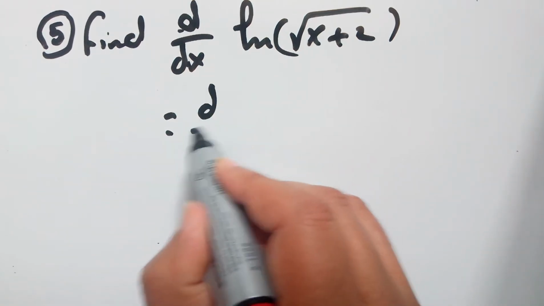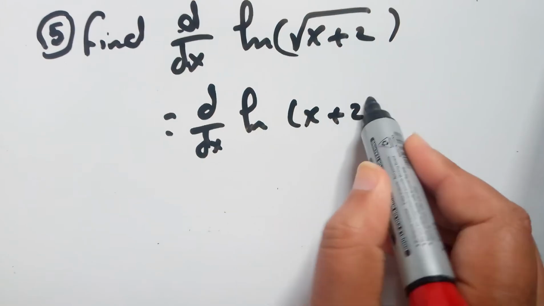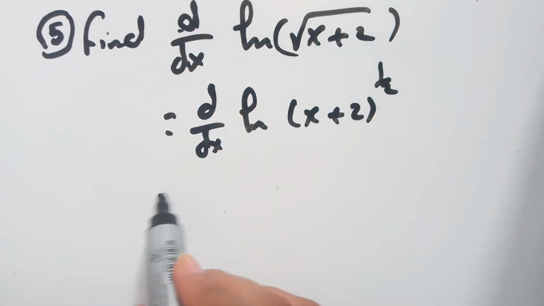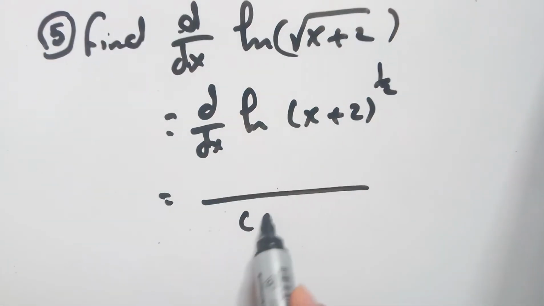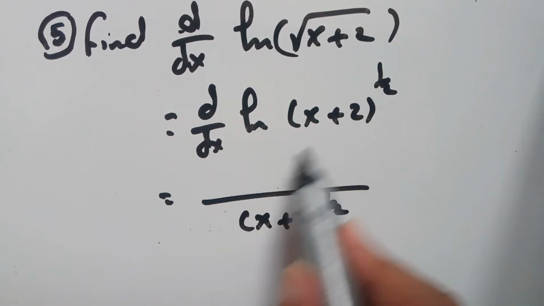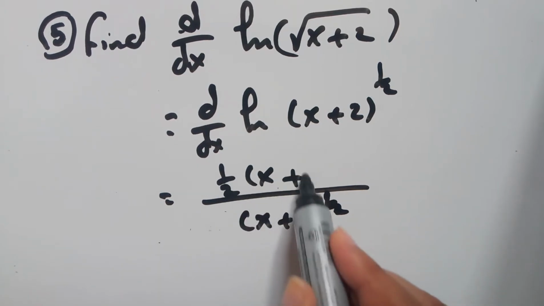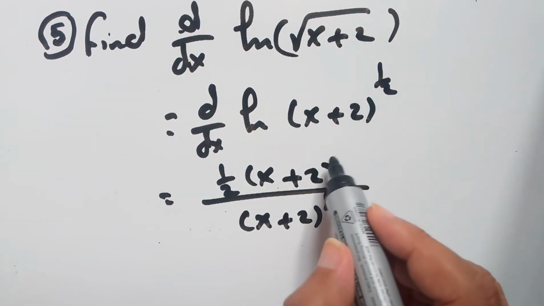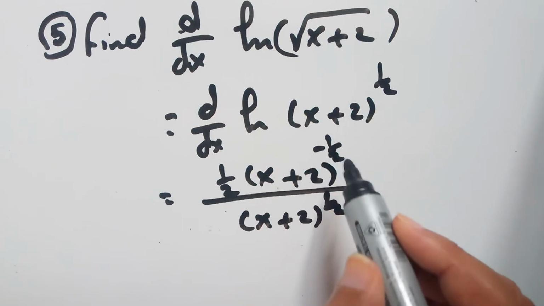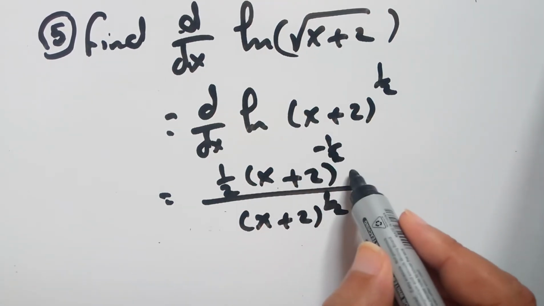Then this is d/dx for ln of x plus 2 all to the power half. If you write it down, x plus 2 all to the power half and its derivative up, half x plus 2 all to the power half minus 1, it will be negative half, multiplied by the derivative for the inner function, it will be 1.